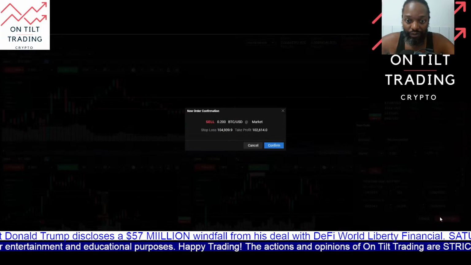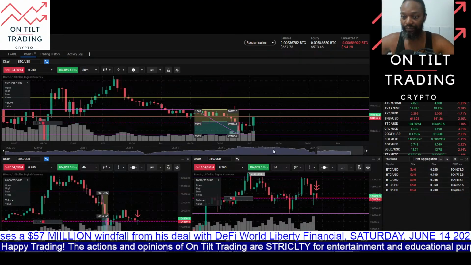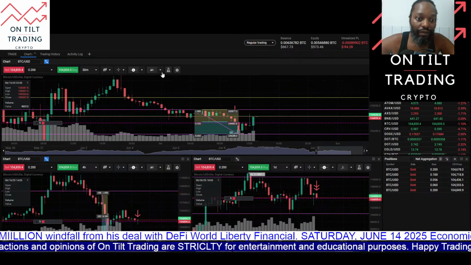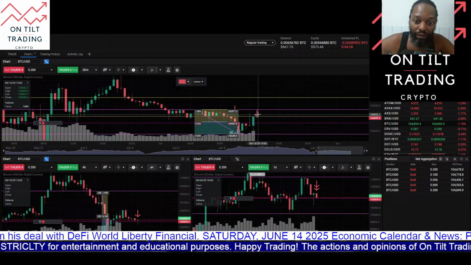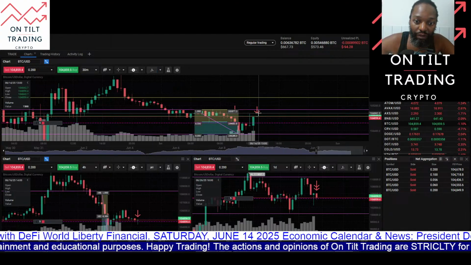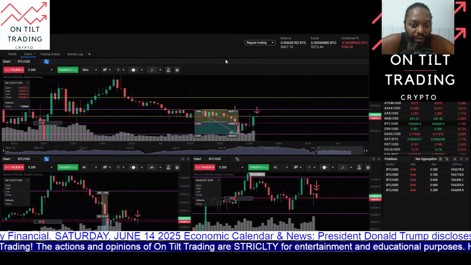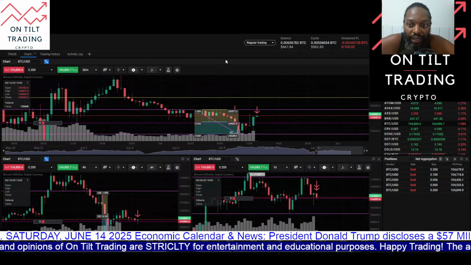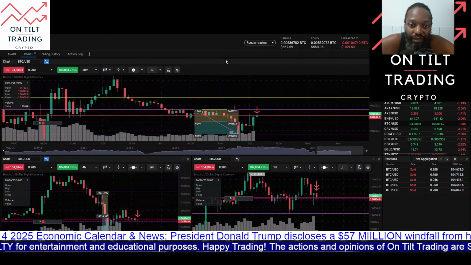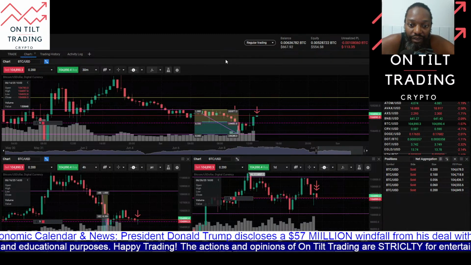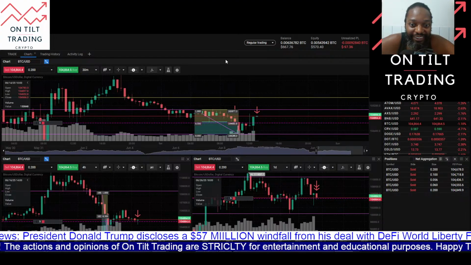Risk to reward looks great, and we're in. So risk to reward here, I believe risk is about $20. Reward is close to $400, I believe, or over $400. But whew, we'll see how this goes.